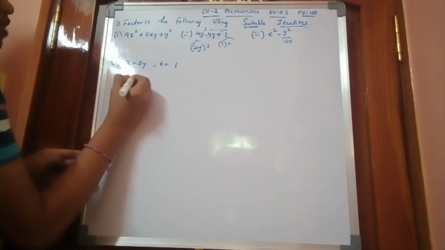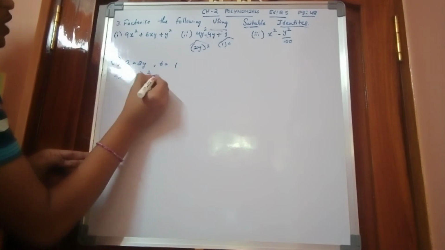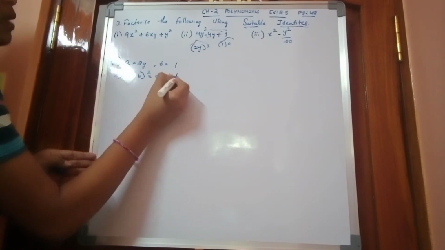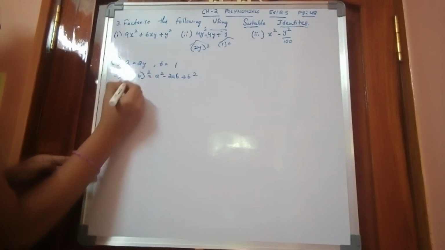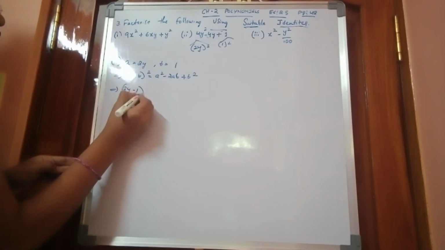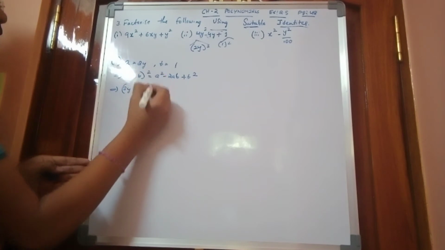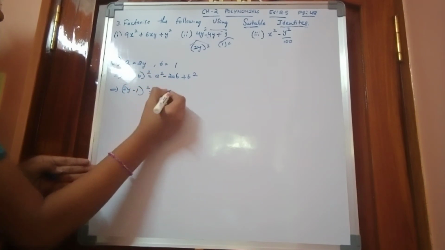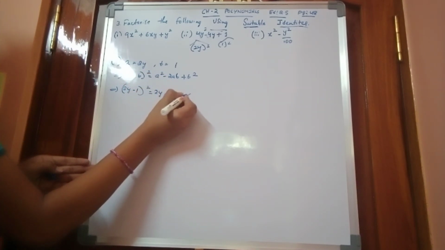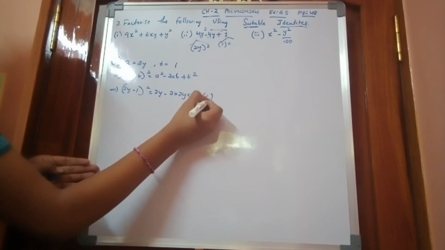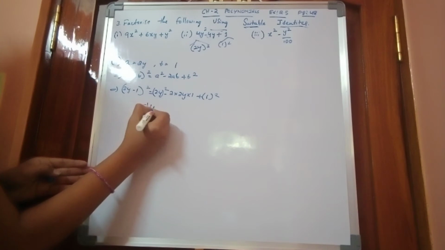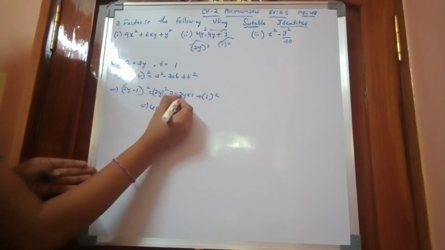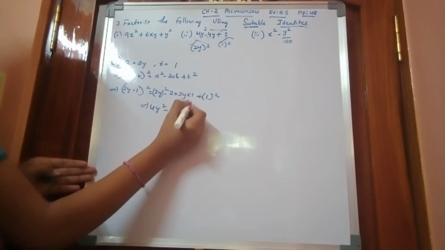Writing the formula, a minus b whole square is equal to a square minus 2ab plus b square. So 2y minus 1 whole square is equal to 2y whole square minus 2 into 2y into 1 plus 1 whole square. So 2 square is 4y square as it is, minus 2 into 2, 4y, plus 1.